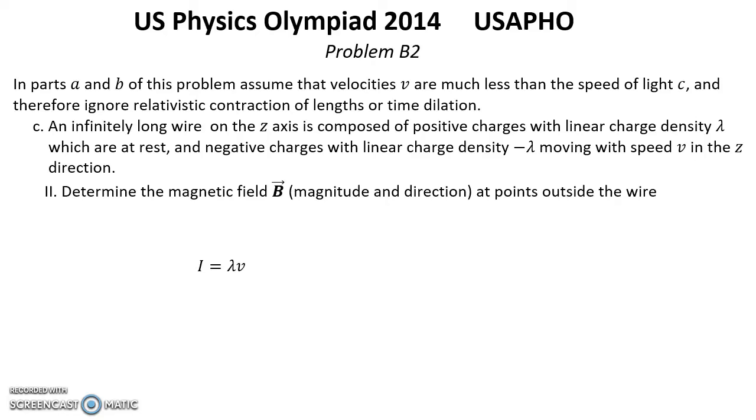So Ampere's law yields that B equals mu 0 lambda v over 2 pi r in the tangential direction. The current is in the negative z direction, so by the right hand rule, the circular B field lines would point clockwise, looking in that direction.